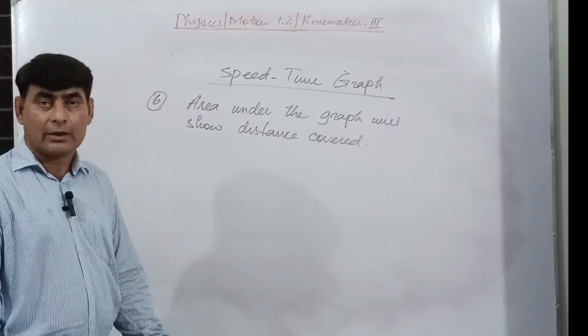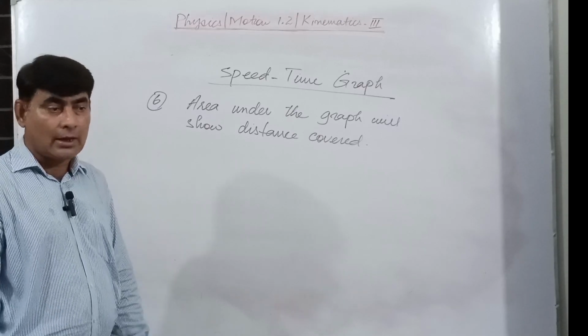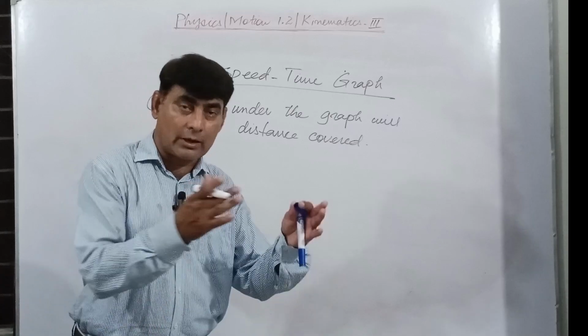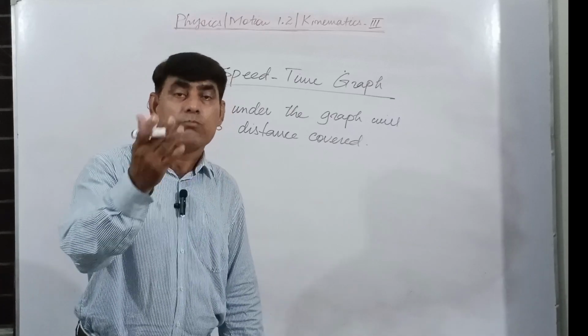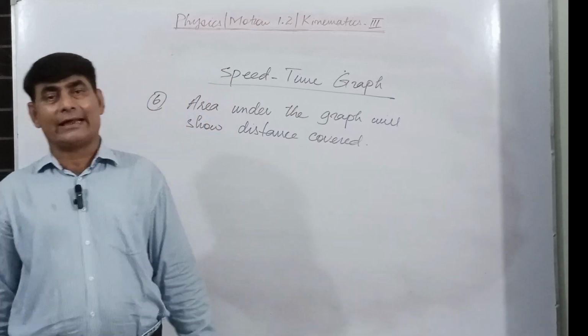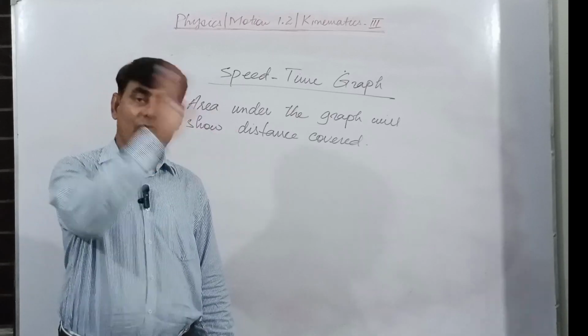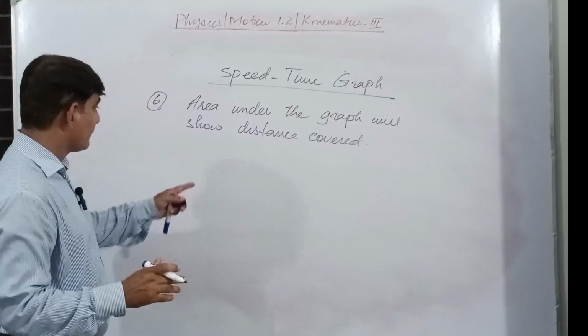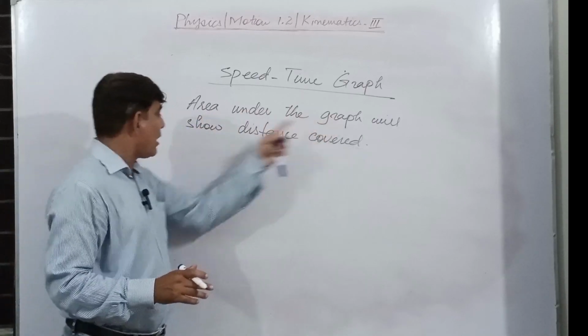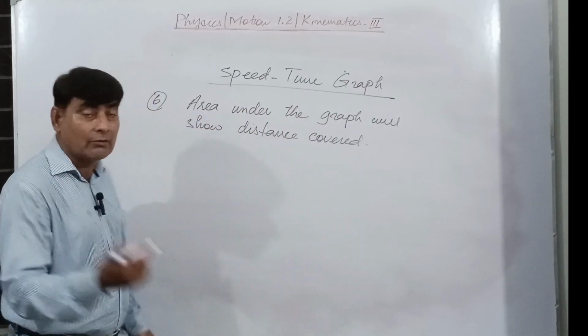Then we calculate the area by dividing the region into equal boxes, finding the area of one box, then multiplying with the approximate number of boxes. But listen, area under the graph will show distance covered.